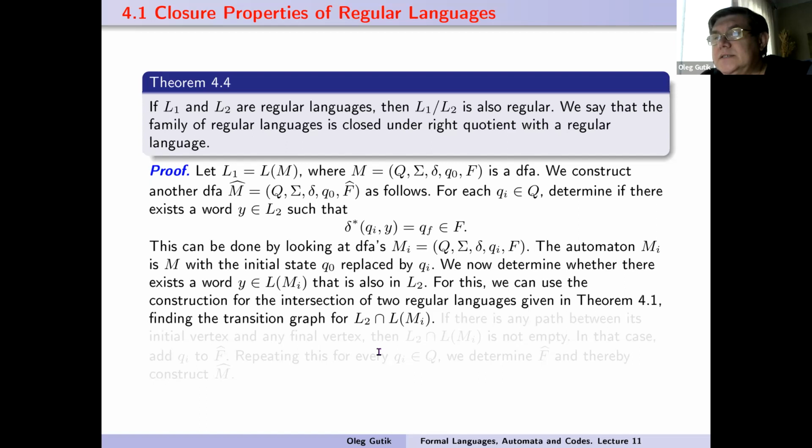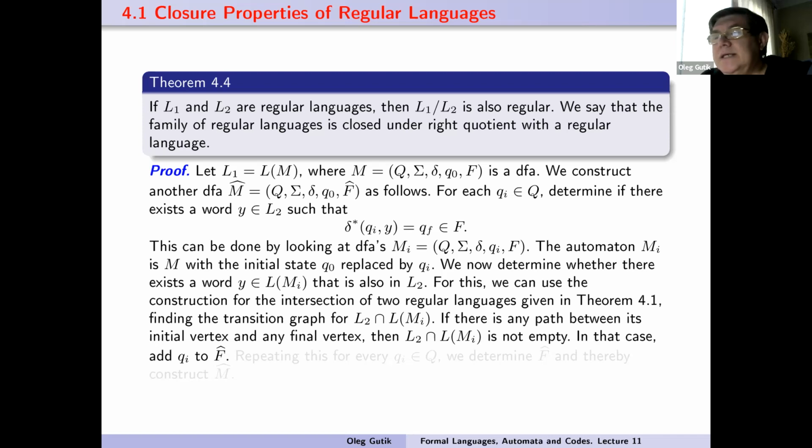Finding the transition graph for the intersection of the language L2 and the language accepted by the automaton Mi, if there is any path between its initial vertex and any final vertex, then the intersection of the languages is not empty.